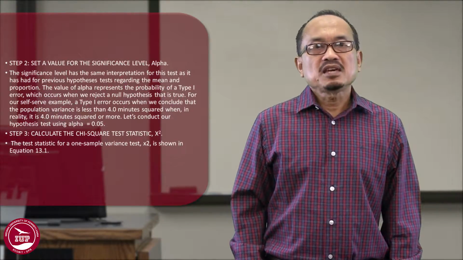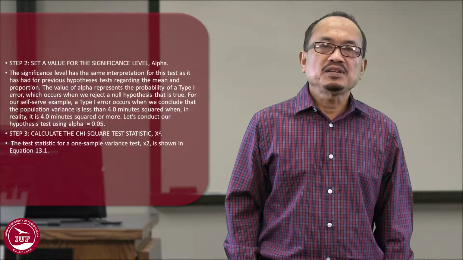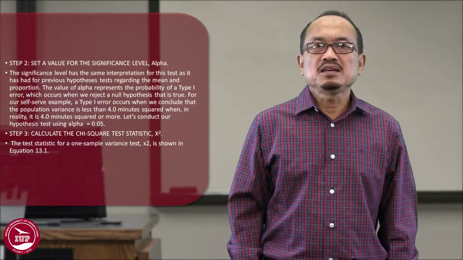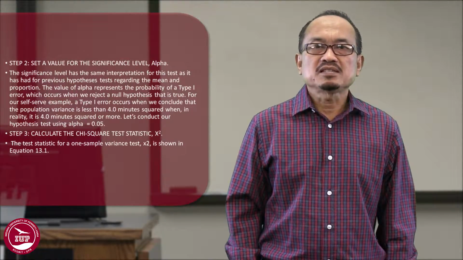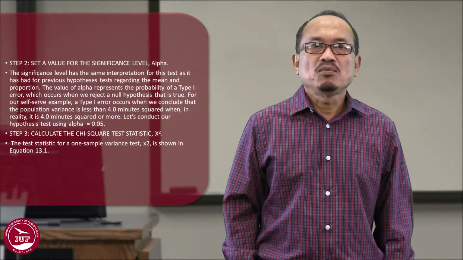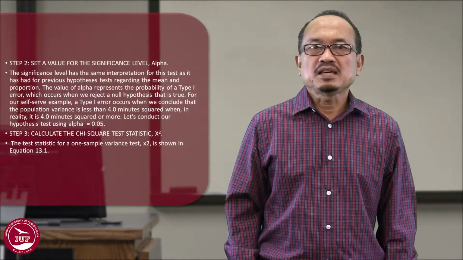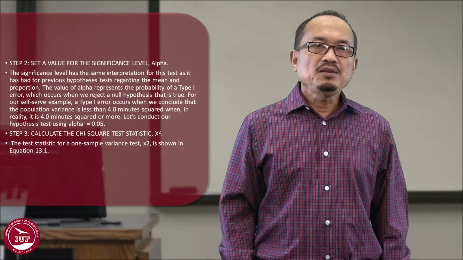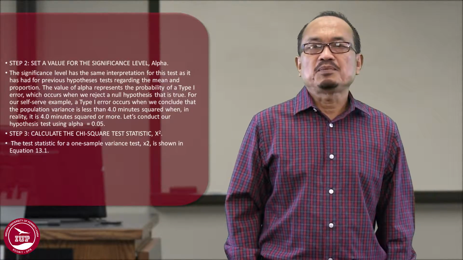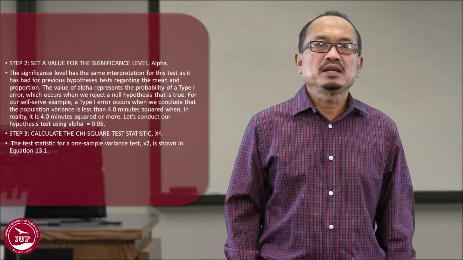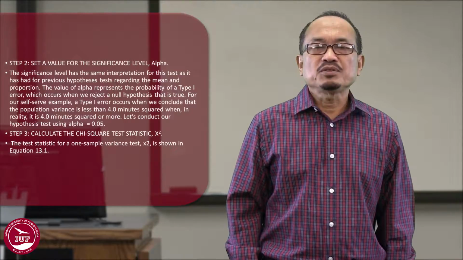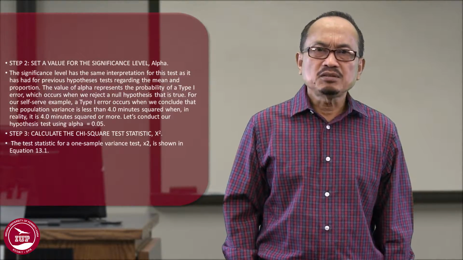Step 2. Set a value for the significance level alpha. The significance level has the same interpretation for this test as it has had for previous hypothesis tests regarding the mean and proportion. The value of alpha represents the probability of a type 1 error, which occurs when we reject a null hypothesis that is true.